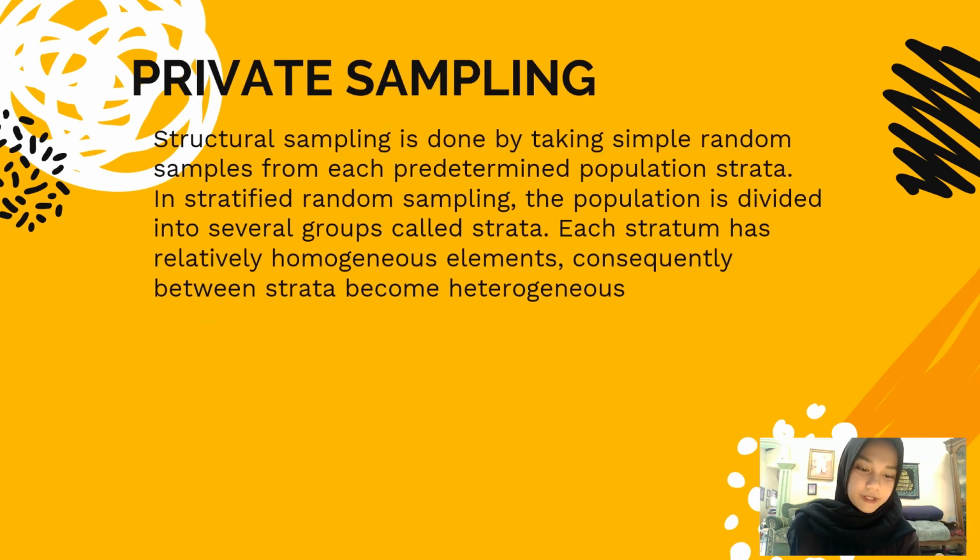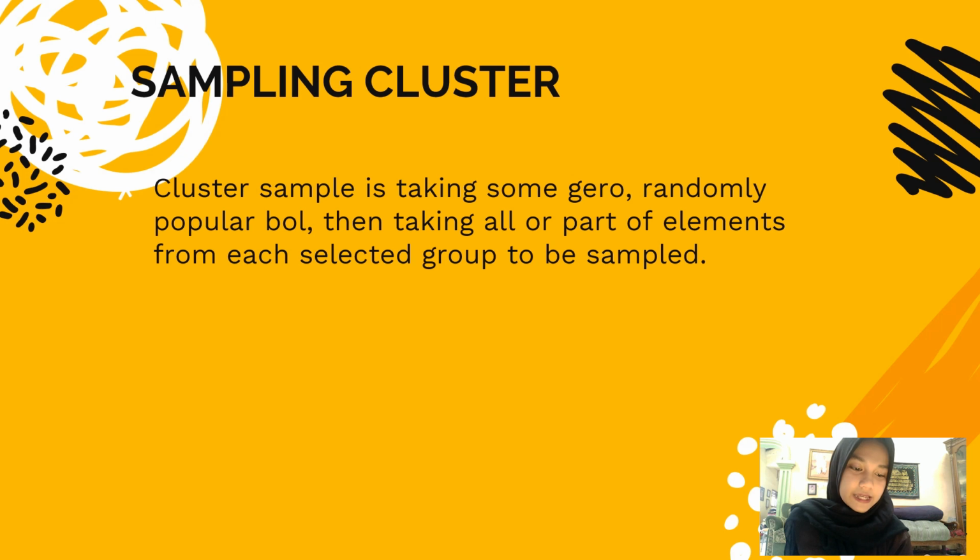Next slide is stratified sampling. Stratified sampling is done by taking simple random samples from each predetermined population stratum. In stratified random sampling, the population is divided into several groups called strata. And the next slide is cluster sampling. Cluster sampling is taking some groups randomly from the population, then taking all or part of the elements from each selected group to be sampled.